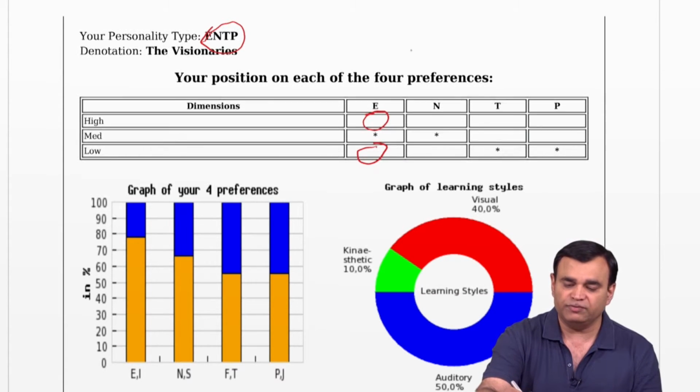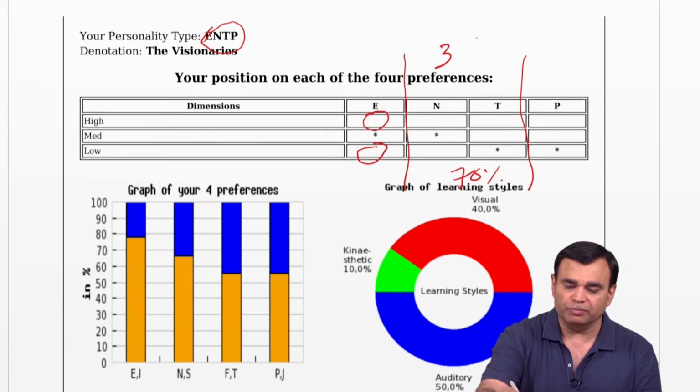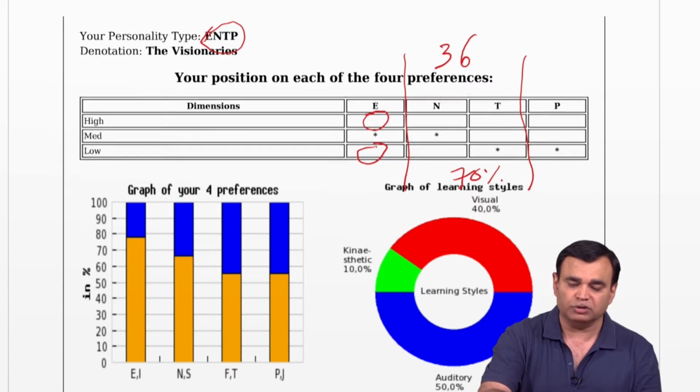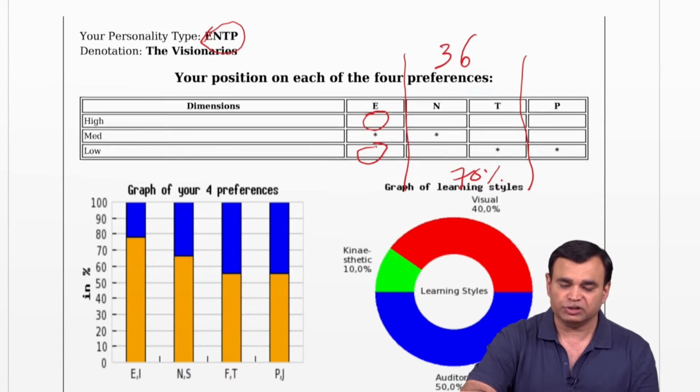And so essentially, if you look at these 2 switches, which we know constitute 70% of your career decisions, there are 36 possible combinations. 36 combinations because there is N and S, which is contributing 6 possible, and T and F, which is contributing 6 possible, flanked on the 2 sides, on either sides 6 more combinations.